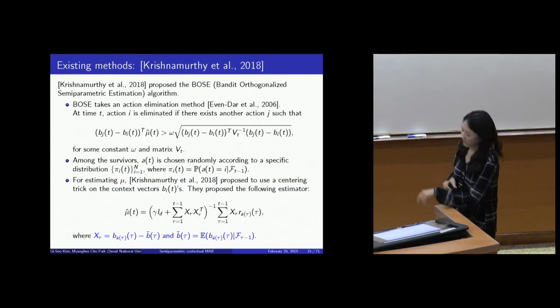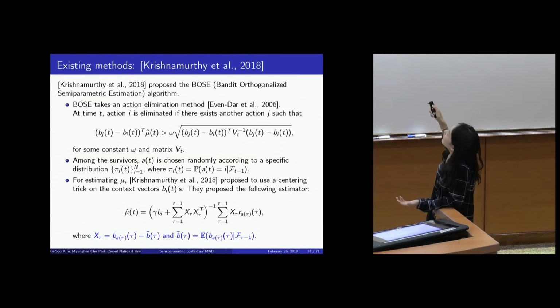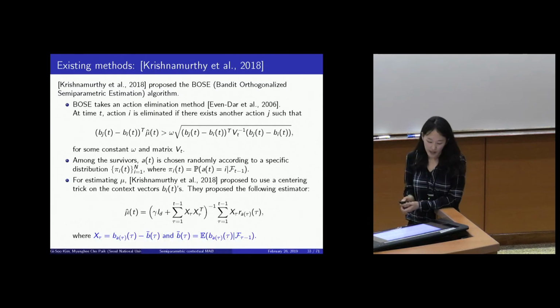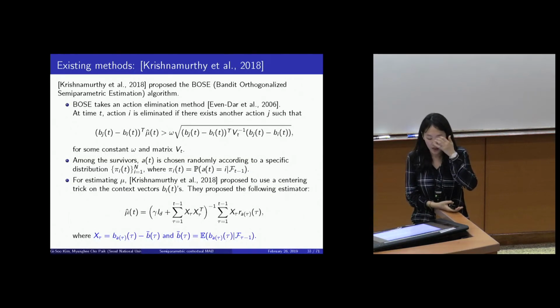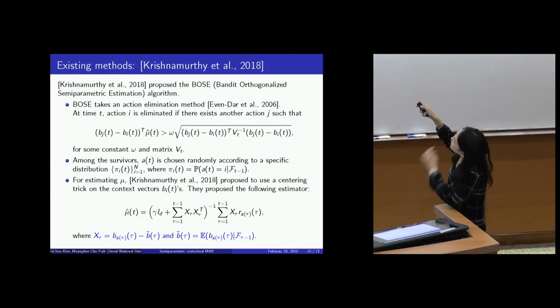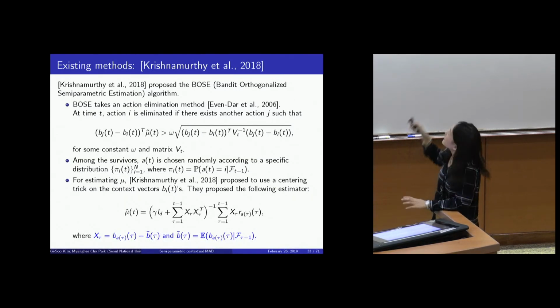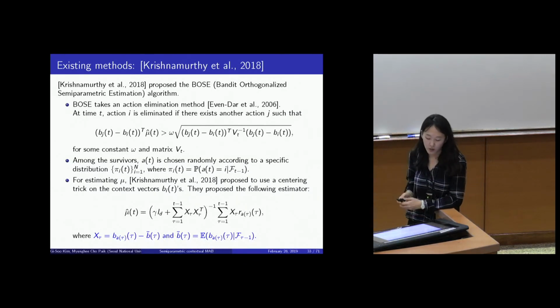So, to overcome this problem, Krishnamurthy et al. proposed a different algorithm, which is called the BOSE algorithm. This algorithm takes a different approach from the previous method. It takes an action elimination method, where at each time t, the ith action is eliminated if there exists another action j such that the following inequality holds.